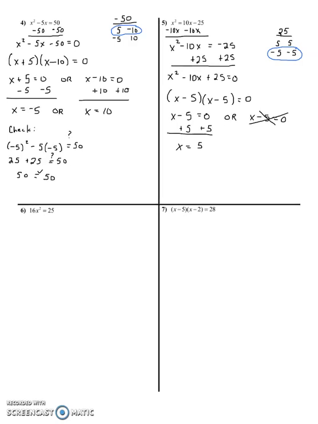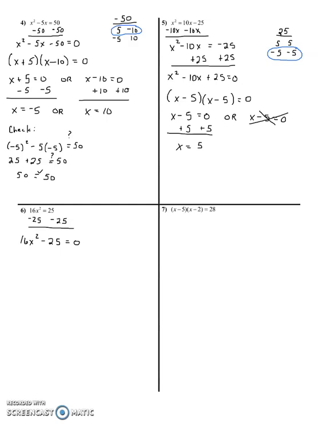All right, let's take a look at number 6. On this one, we should subtract 25 from both sides so that we have a 0 on the right-hand side. That gives us 16x squared minus 25 equals 0.